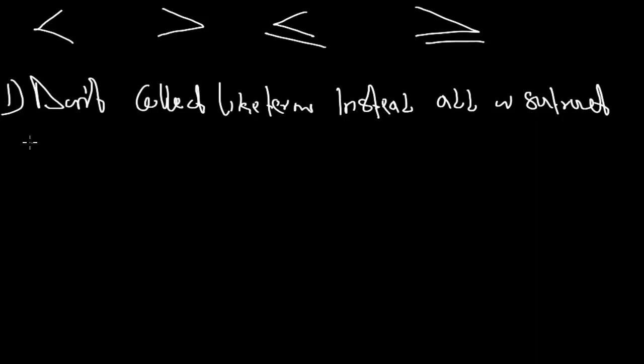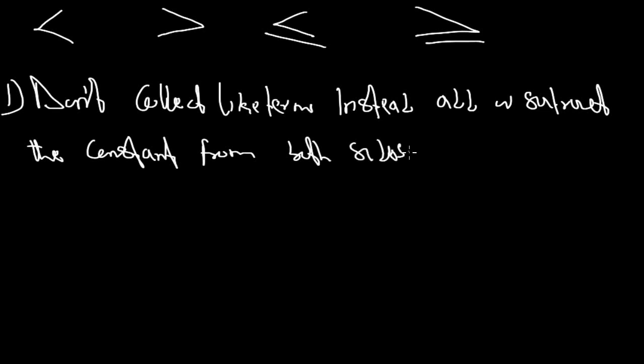So add or subtract, let me just say the constants, okay? Constants from both sides of the equation or expression, not an equation, okay? Because in inequality expressions, we don't have an equal sign, okay? From both sides. Perfect. So that's the first rule.